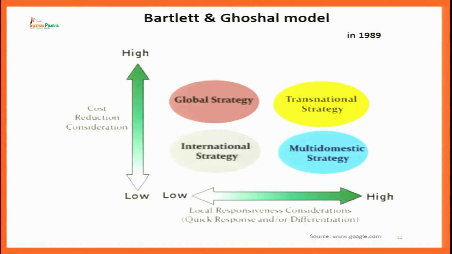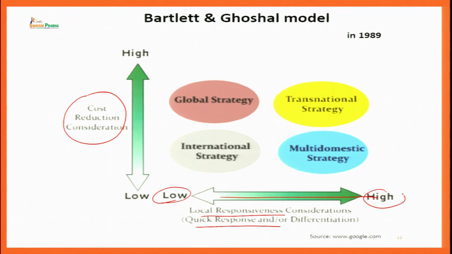So now let's look at the model given by Bartlett and Ghoshal, which shows how a company can deal with these two pressures of local responsiveness and cost reduction. On the x-axis we have local responsiveness consideration, that means a quick response to the customer, where you start differentiating or altering your product, ranging from low to high.